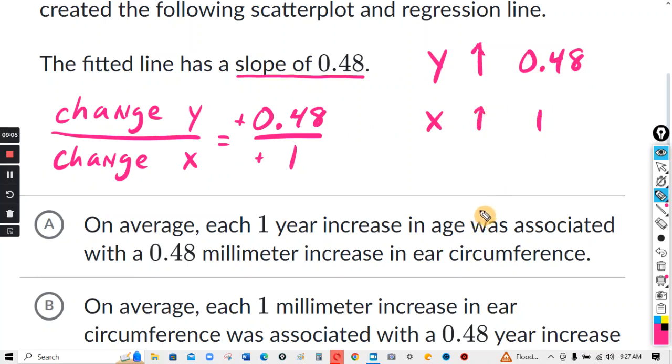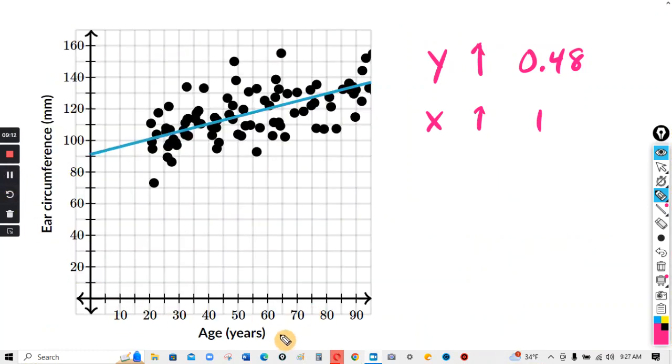Let's see what x and y represent from the graph. For the x-axis, that's age in years, and for the y-axis, that's ear circumference in millimeters.